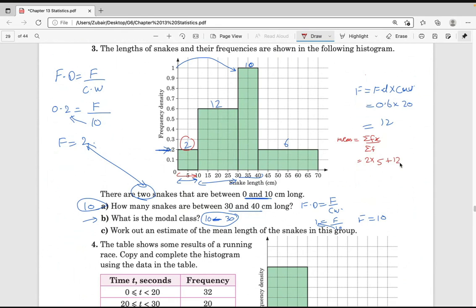Next frequency is 12 into the middle number, 20, plus 10 into the middle number, 35, plus 6 into the middle number, 55, divided by the total frequency, which is 2 plus 12 plus 10 plus 6. Use your calculators and solve with me.